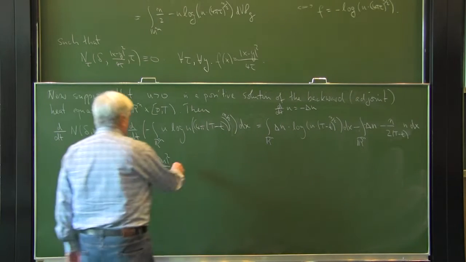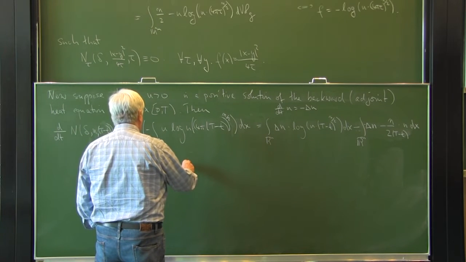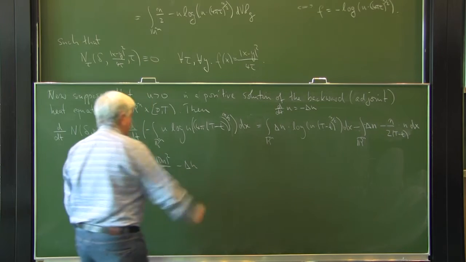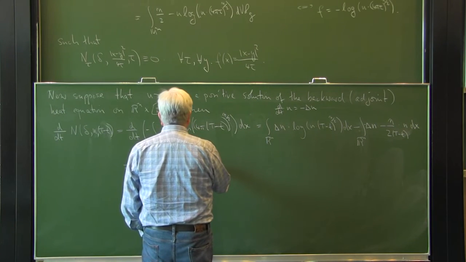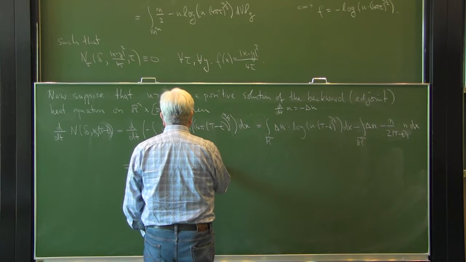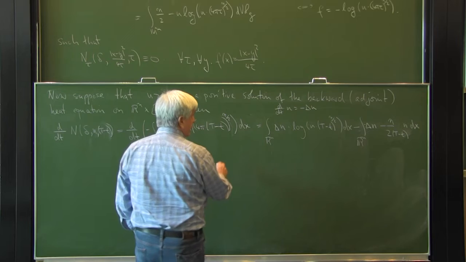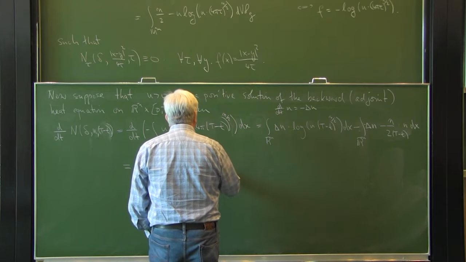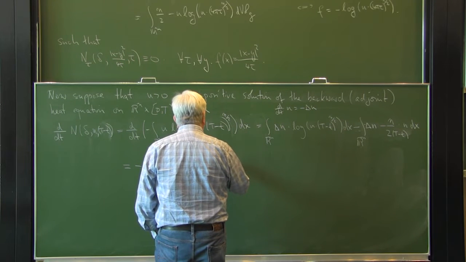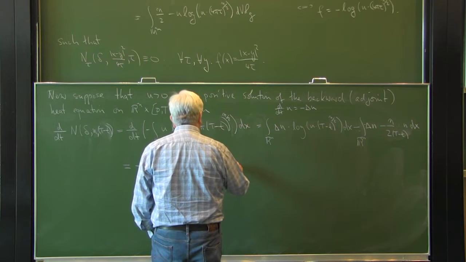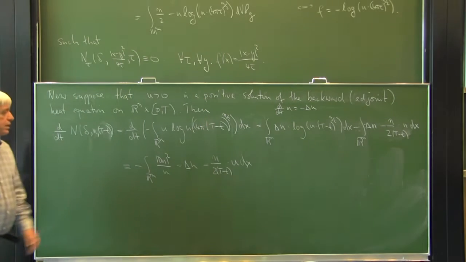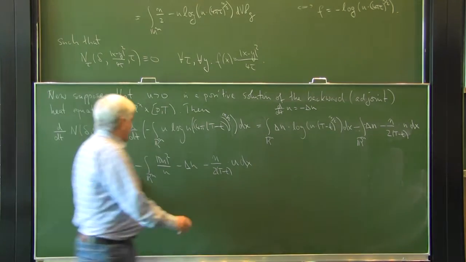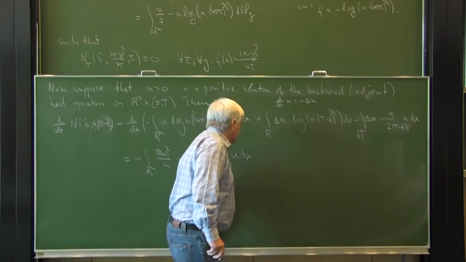So we end up doing an integration by parts here, with minus integral over Rn of the gradient of u squared over u. And from the T minus t term there's nothing from the integration by parts. This is what we get, and it can be arranged in two different ways.